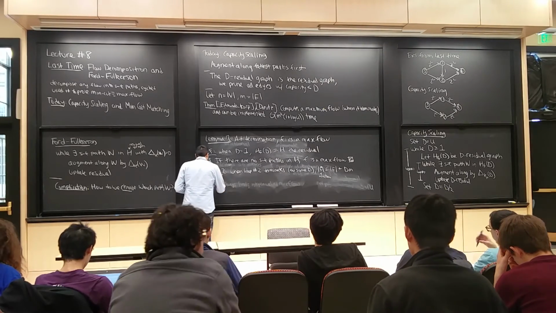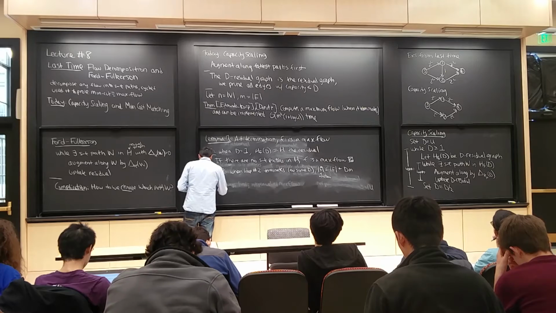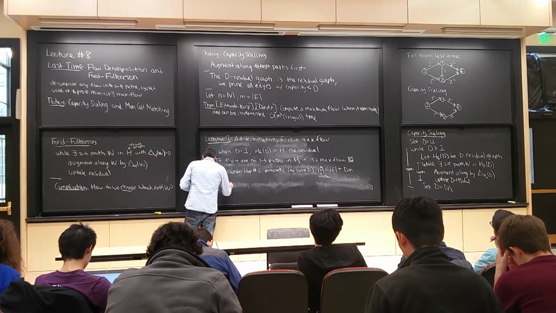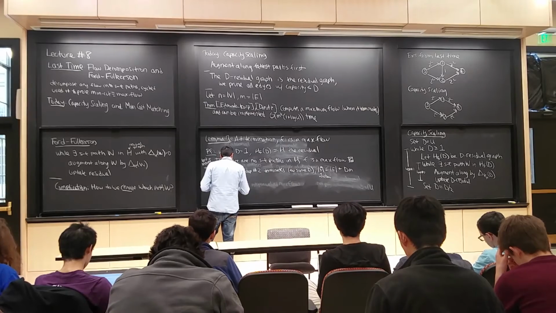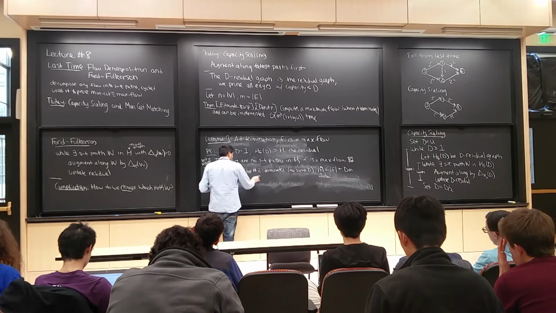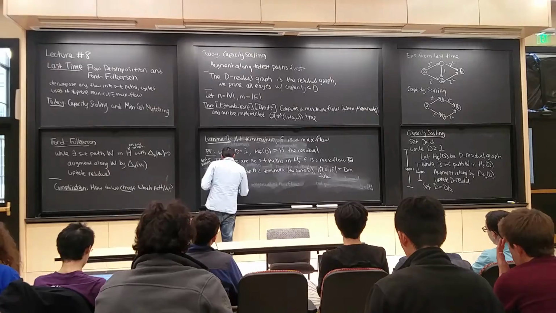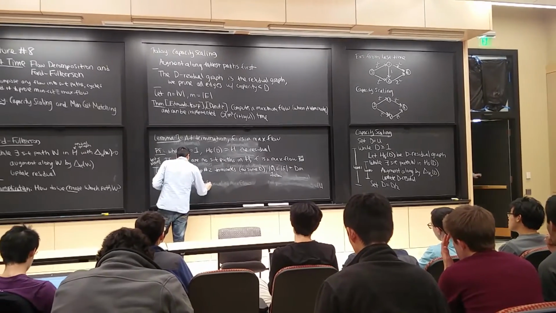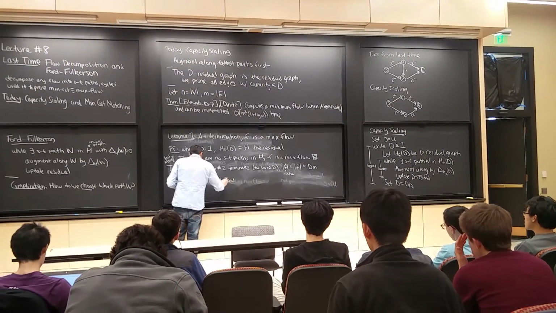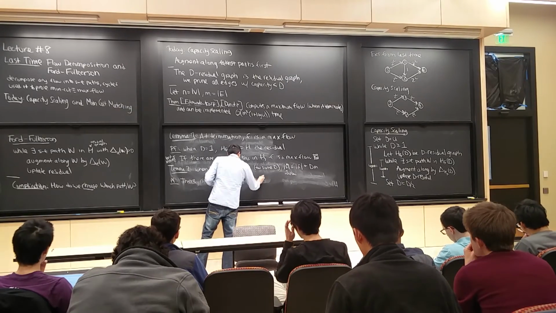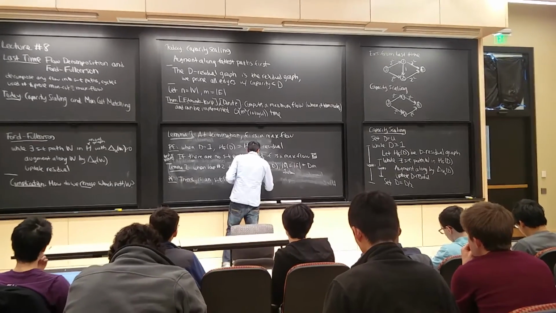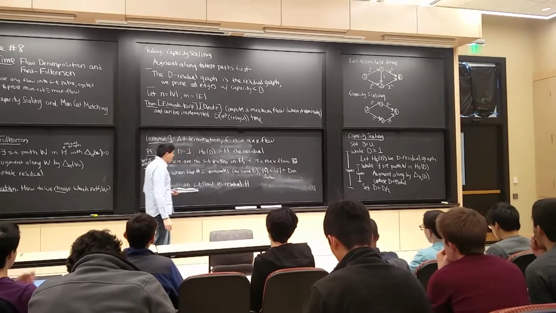The proof is just three lines. What I claim is the following: if we start off with a flow, we have f at termination at the end of loop number 2. Then there is an ST flow in the residual. You should keep in mind the difference between the residual and the d-residual.